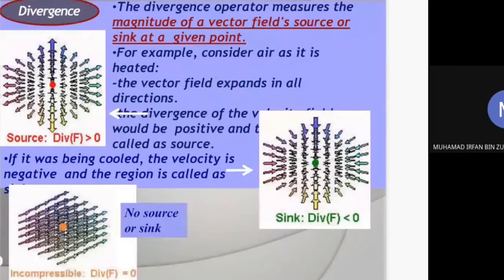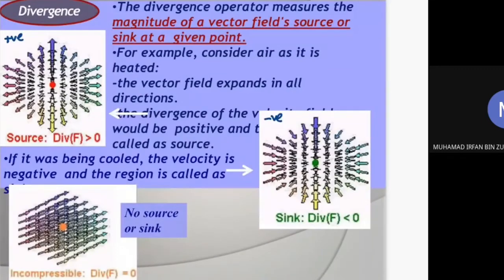Okay, next is the divergence. The divergence operator measures the magnitude of a vector field's source or sink at a given point. We call it a source when the divergence is greater than 0, which means this is a positive value, and we call it a sink when the divergence is less than 0, so this is a negative value.